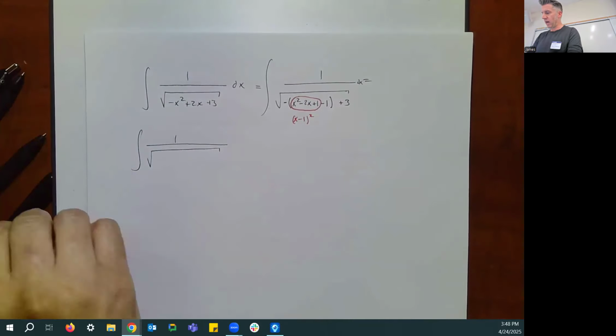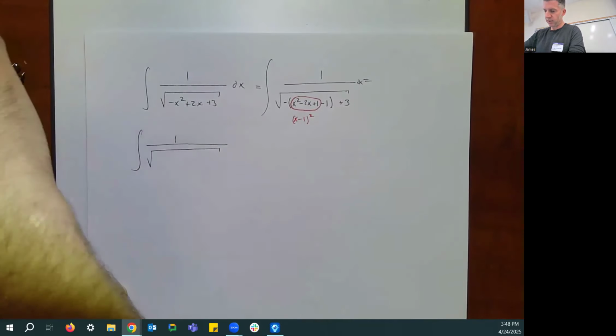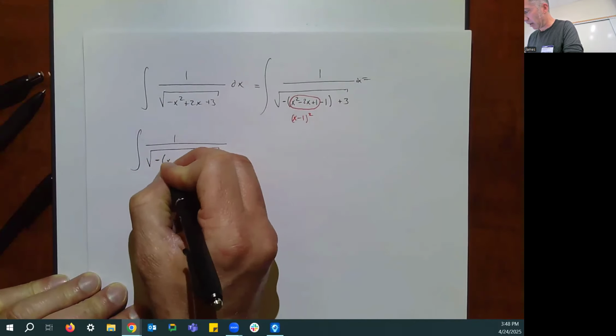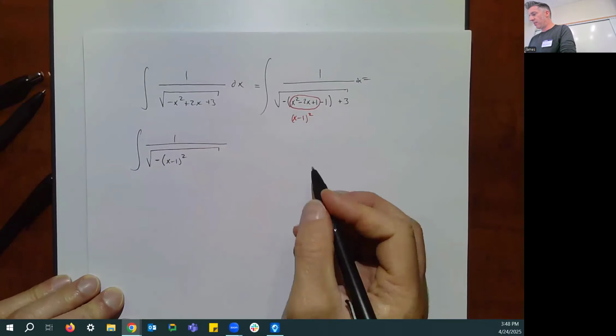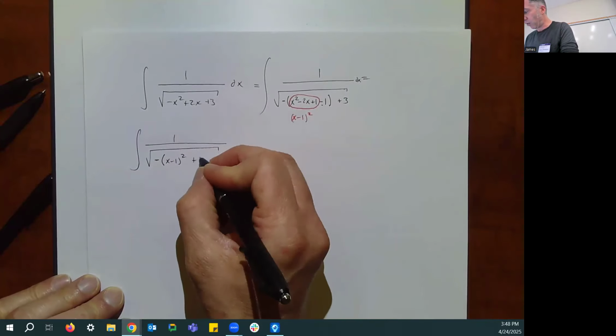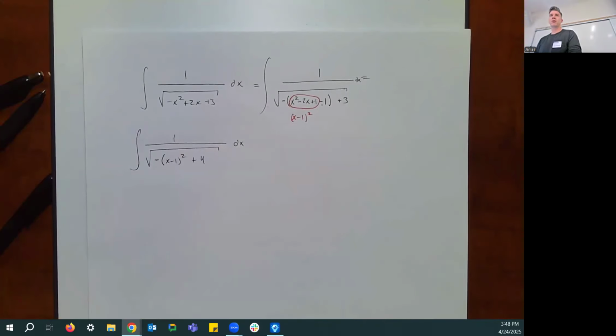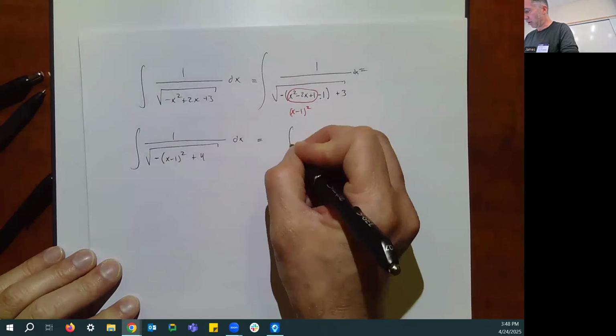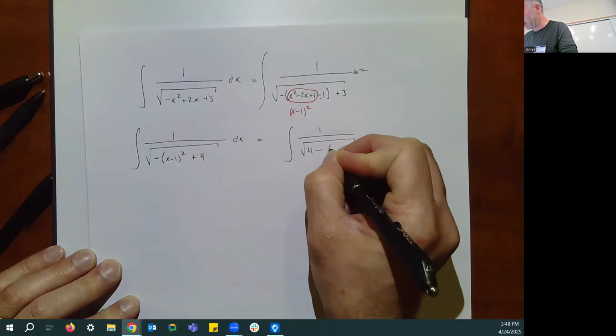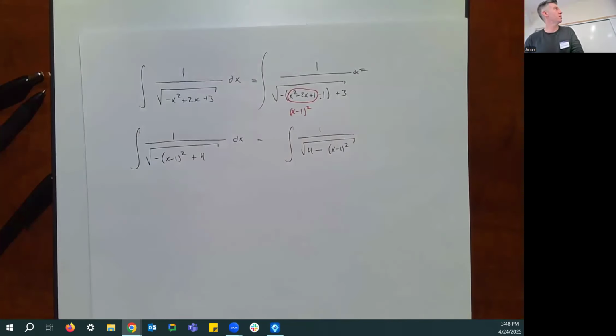So I'm going to rewrite this as negative parentheses x minus 1 squared, and then the minus 1 is plus 1, plus 3 is plus 4. Or written slightly in a different order, the integral of 1 over the square root of 4 minus x minus 1 squared, which looks a lot like an a squared minus an x squared.